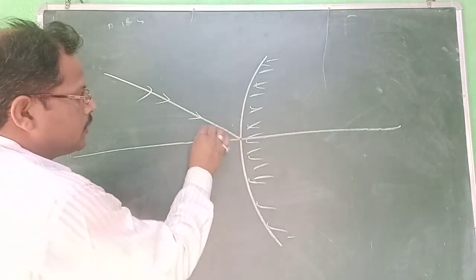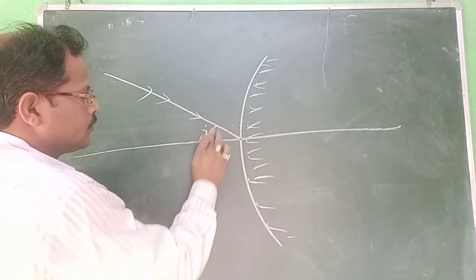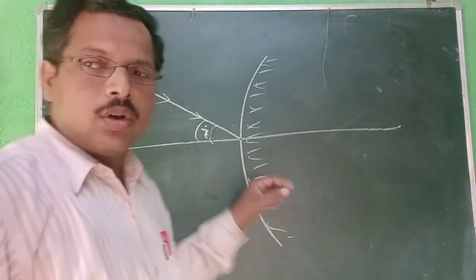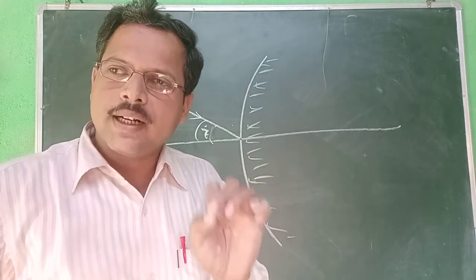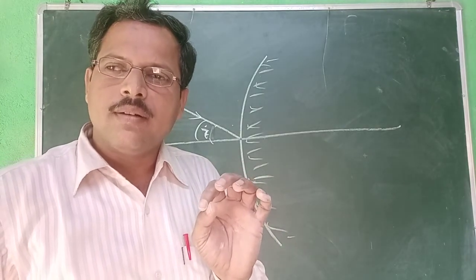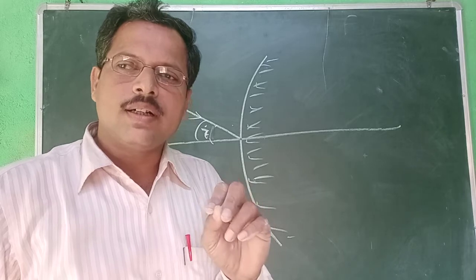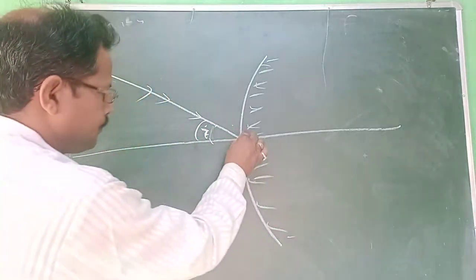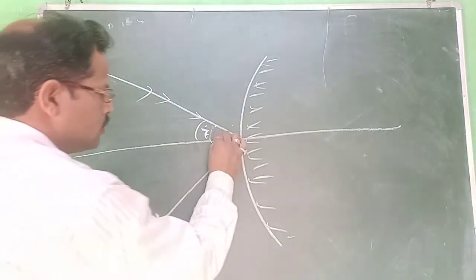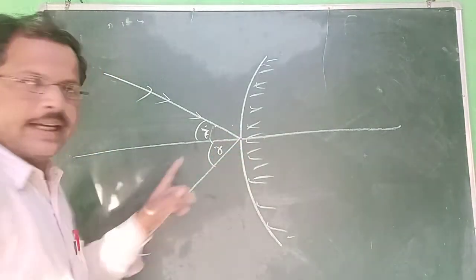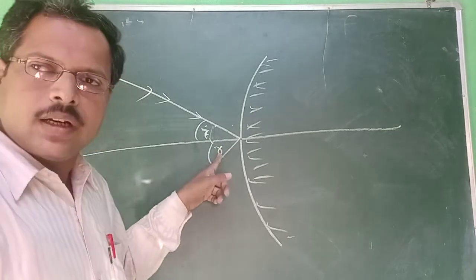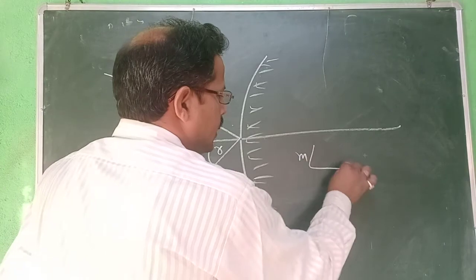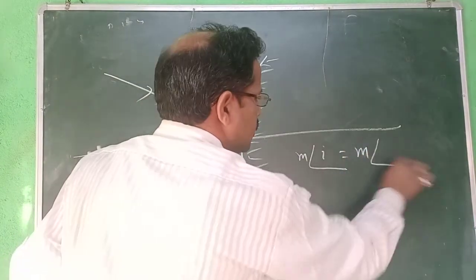So this is the angle of incidence, and according to the law of reflection, the reflected ray will go back making the same angle as the angle of incidence. So the angle of incidence will be equal to the angle of reflection.